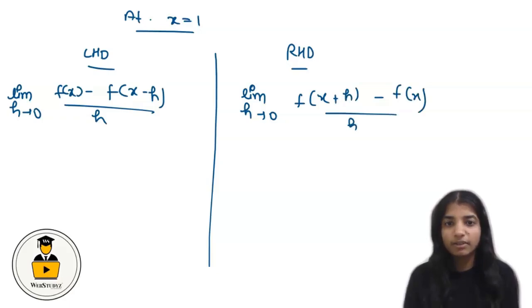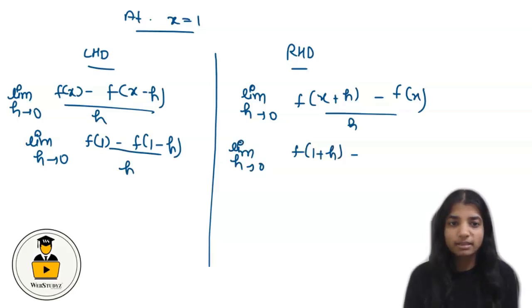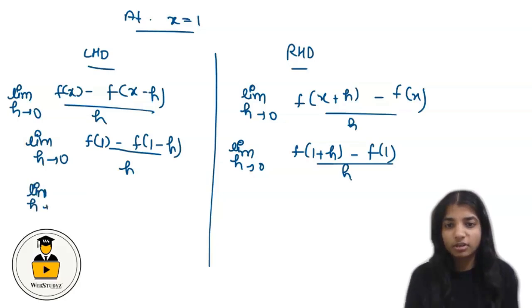Here we are considering x as 1, so this is equal to the limit as h tends to 0 of [f(1) minus f(1 minus h)] divided by h, and the limit as h tends to 0 of [f(1 plus h) minus f(1)] divided by h. Plugging in the function, which is the greatest integer, this becomes the limit of [greatest integer of 1 minus greatest integer of (1 minus h)] divided by h.